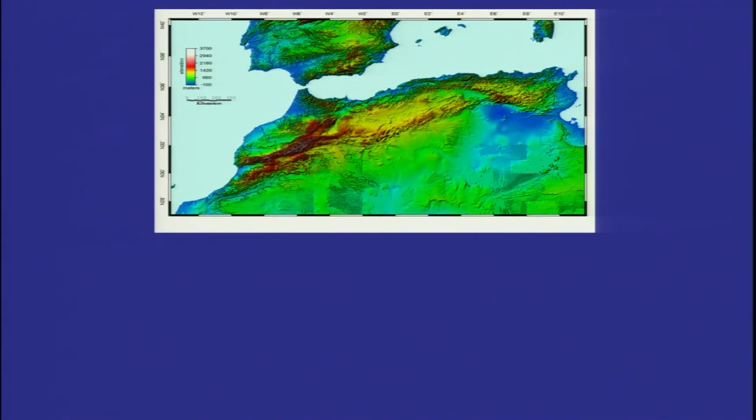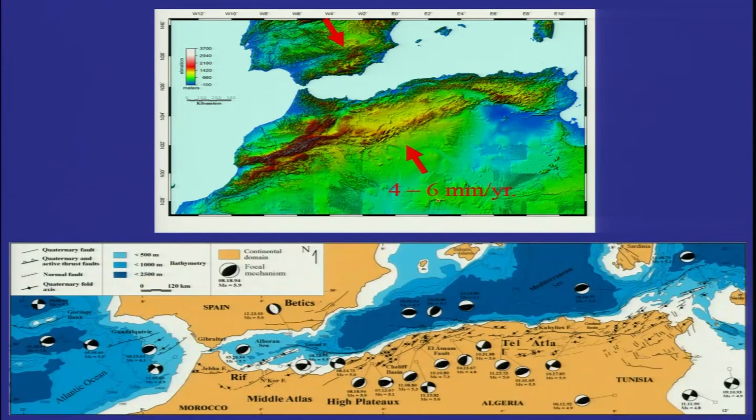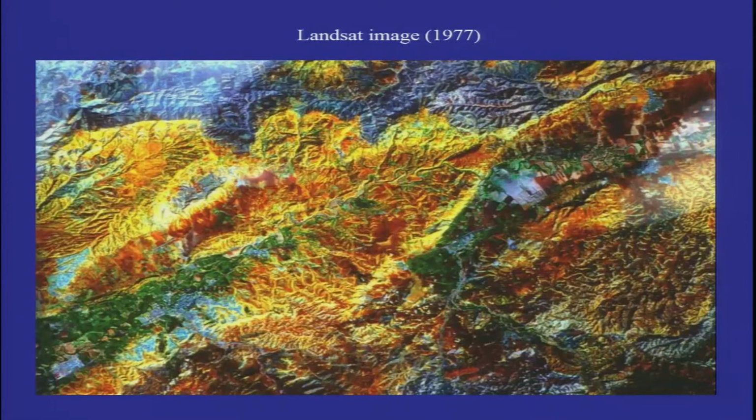A very clear-cut fault is seen on the surface along the plate boundary between these two plates, and the convergence rate is around 4 to 6 millimeters per year. You have a fault system developed here as well as along this line. The strike of the fault changes in different segments.